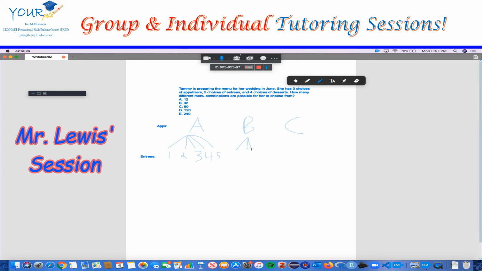After this, we'll have to consider the choice of desserts. For desserts, there are 4 choices, and we'll put that in the next row below entrees. We'll call our desserts lowercase a, b, c, and d.